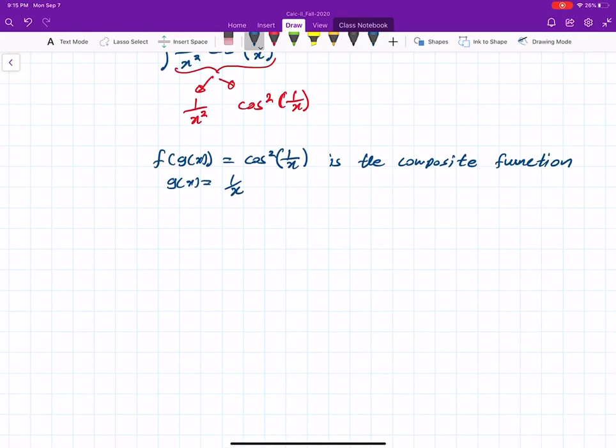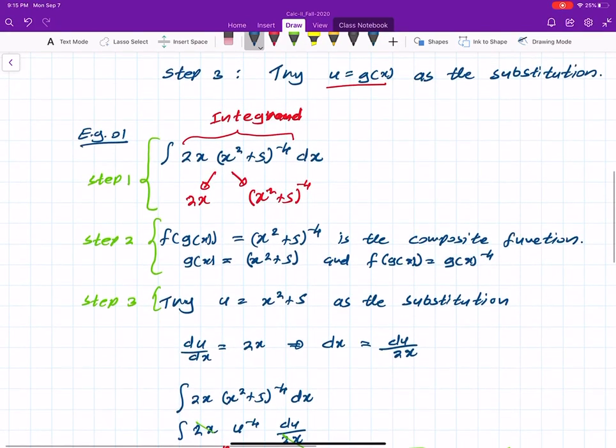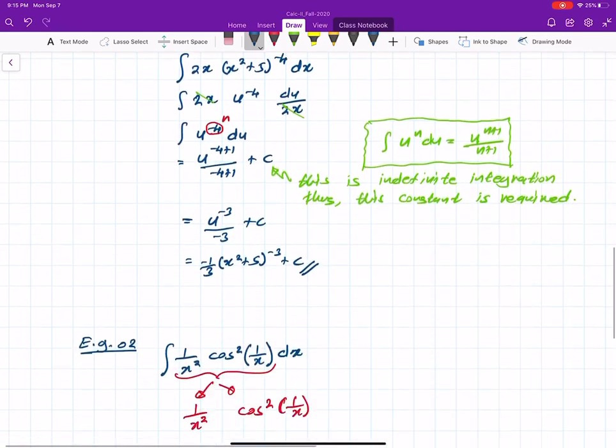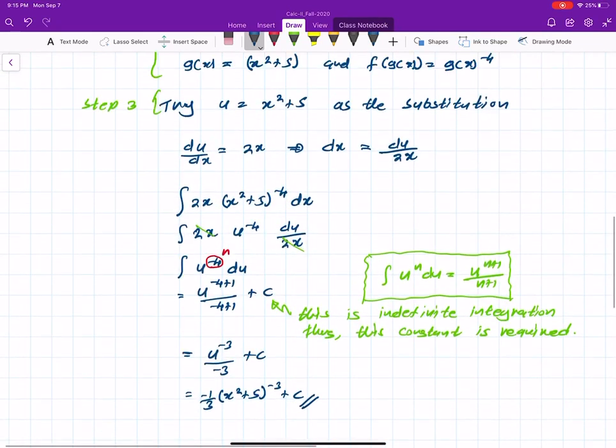The outer function, and f of g of x should be, if you write the outer function, it is actually cos square g of x. Here g of x is the inner function.